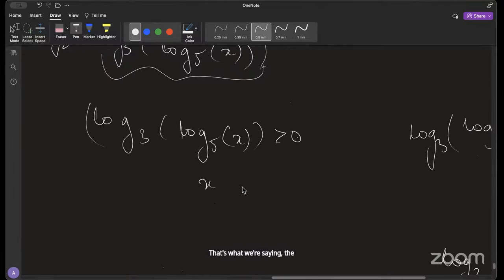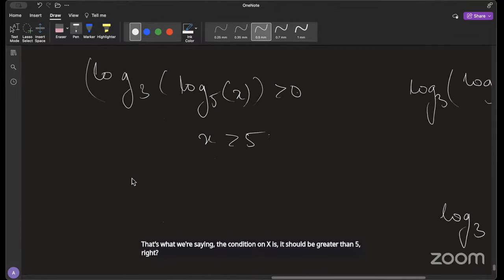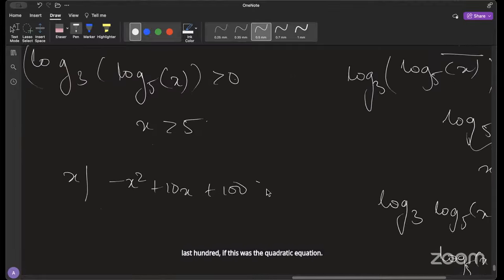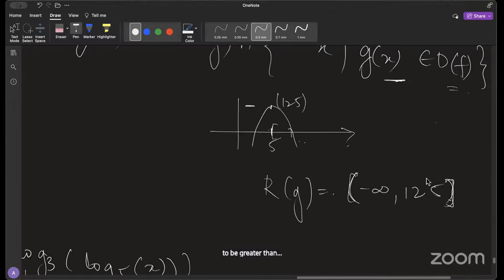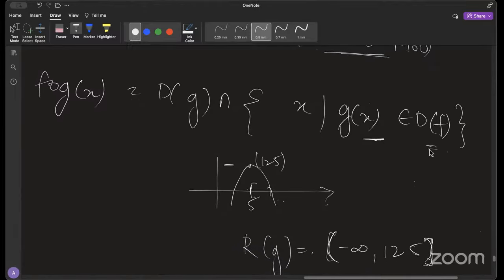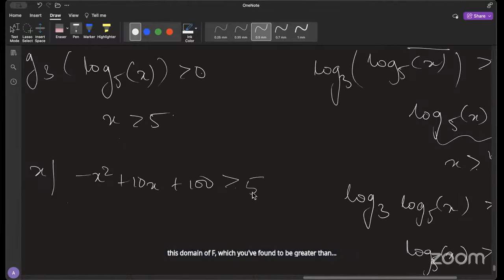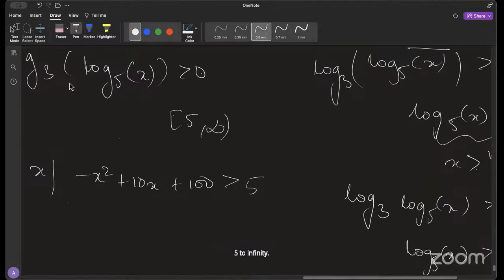The condition on x is it should be greater than 5, right? And you want x such that minus x square plus 10x plus 100, if this was the quadratic equation, to be greater than this domain of f, which you found to be greater than 5, right? Or in simple words, your domain of f is from 5 to infinity, right? But 5 is not included, right?